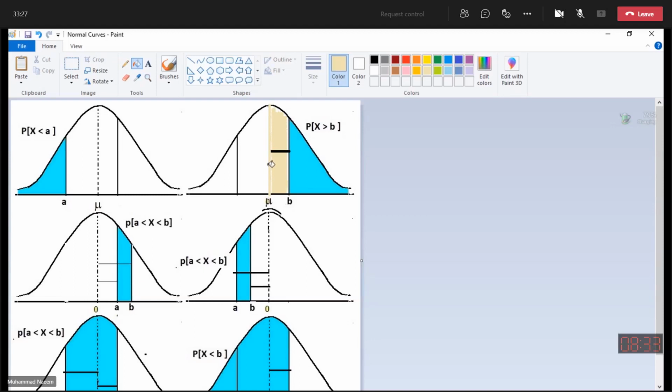That's why half of the area is in the right half and half of the area is in the left half. So if this shaded part is our tabulated area and total half is 0.5, we subtract this tabulated area from 0.5, and we will get this area.